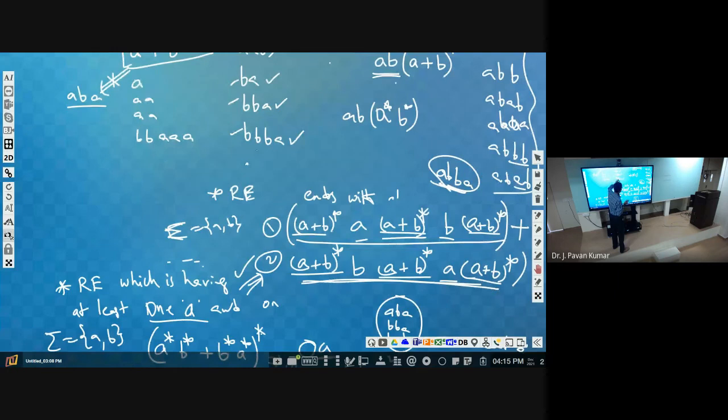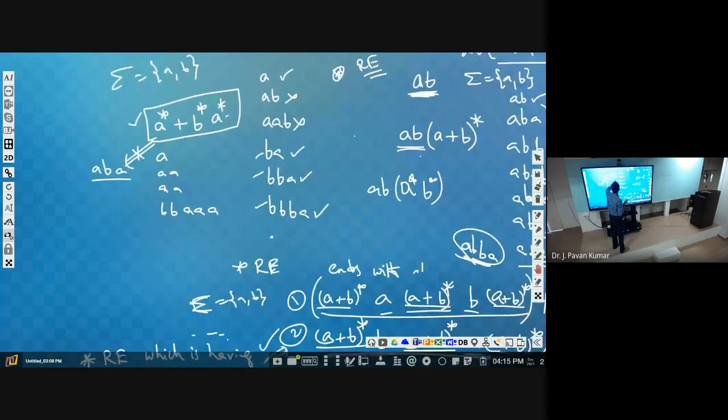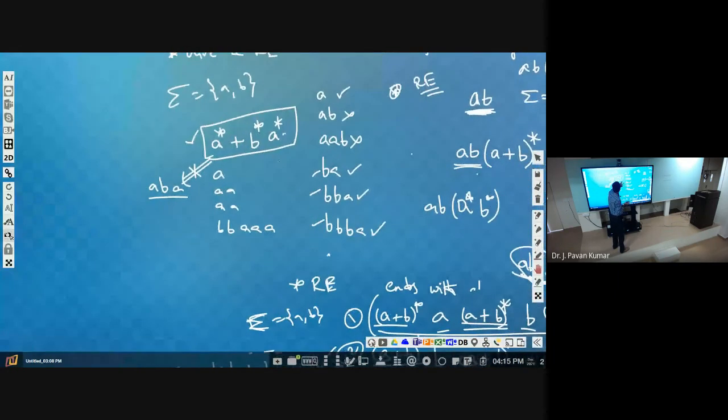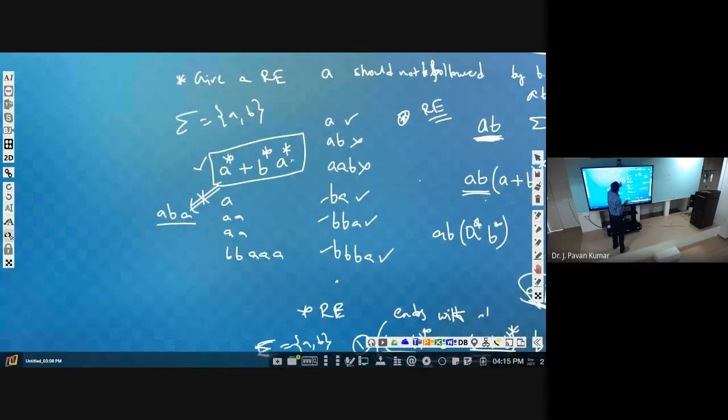Just the last five minutes, maybe maximum. You consider this particular one which we have worked out, that is, A should not be followed by B. Then this is the expression, right? How can we draw the DFA for it?